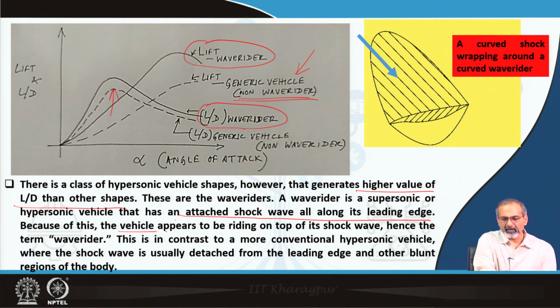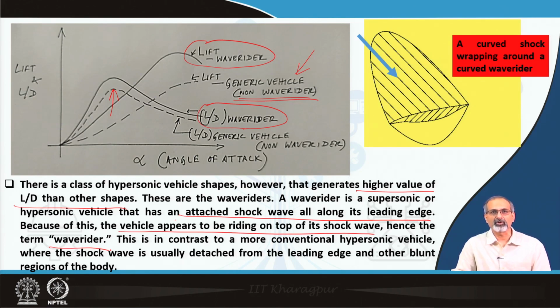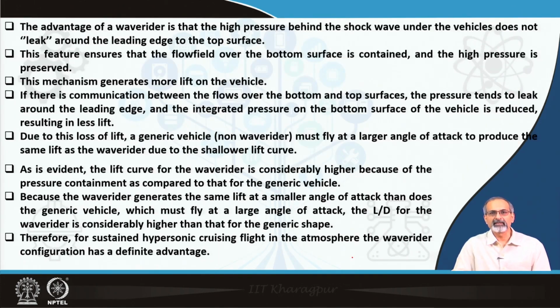Because of this, the vehicle appears to be riding on top of the shock wave, and therefore it is called a wave rider. That is the feeling. This is in contrast to more conventional hypersonic vehicles, where the shock wave is usually detached from the leading edge and other blunt regions of the body. So, this is basically the difference between the two cases.